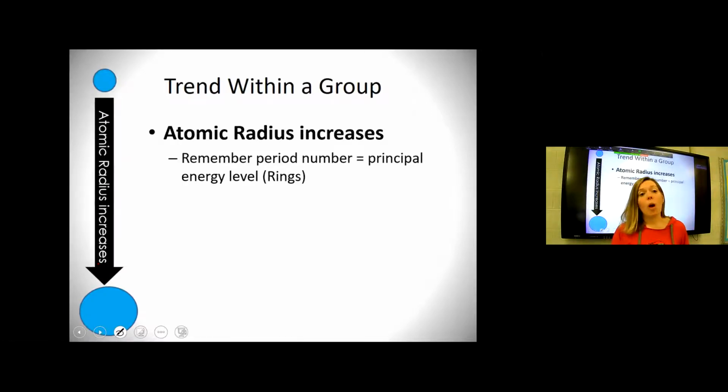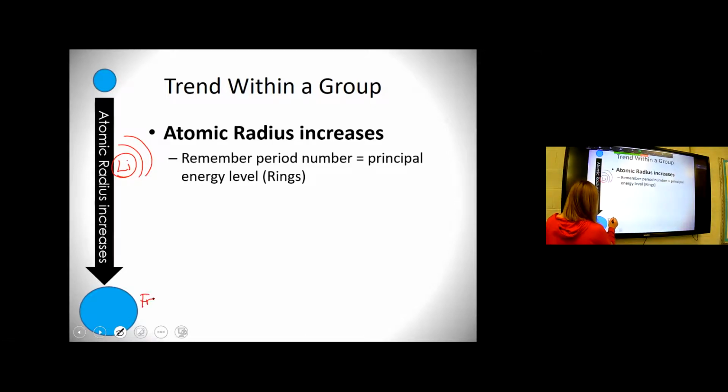The reason why is because their period number equals the number of electron shells. So if we take a look at lithium, lithium just has 2 electron shells. Francium is in period 7, so francium would have 7 electron shells.